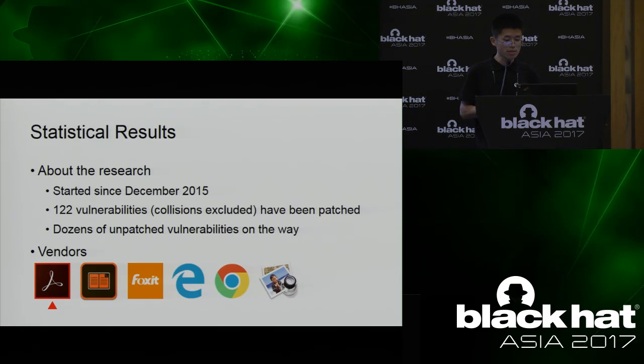My research covers Adobe Acrobat and Reader, Adobe Digital Editions, Foxit Reader, the Edge browser, which uses the Windows PDF Library, and the Chrome browser, which uses PDF IOM, and I also fuzzed the Mac OS Preview. And it should be noted that my research mainly focuses on Adobe Acrobat and Reader.